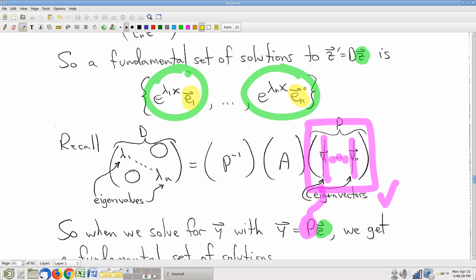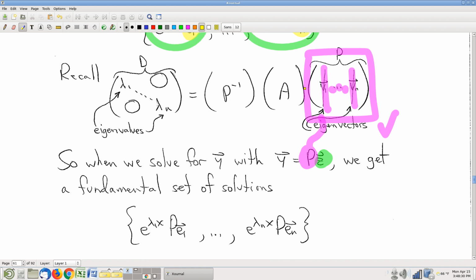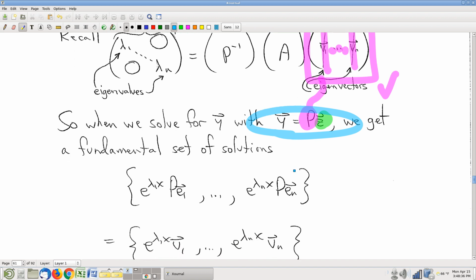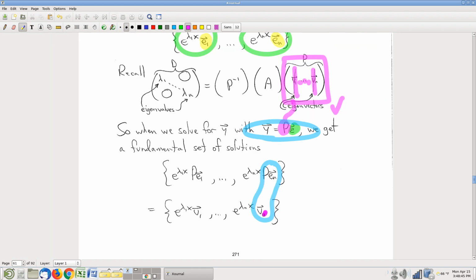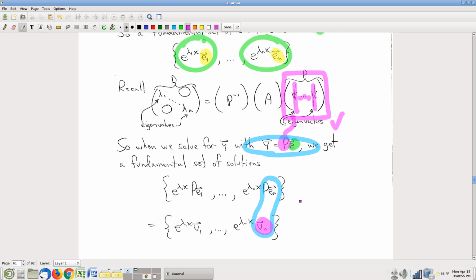And chapter 1 tells us that when you multiply like that, these Y's are just those columns. Let me zoom out one. Here we go. You get the columns of the P matrix, namely the eigenvectors. How are we doing? Everybody happy with that? Last step.